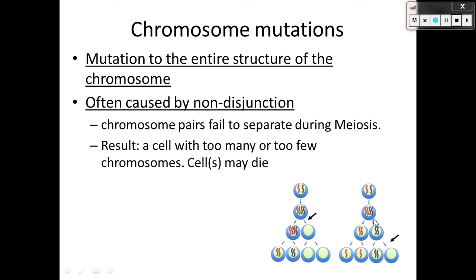And it can also happen in a different way. It can happen at different points in time of meiosis. If you look here, this guy, when he was supposed to divide and have one in each, what happened is both of them went to just one. So this is what we're talking about with non-disjunction. It just fails to separate.